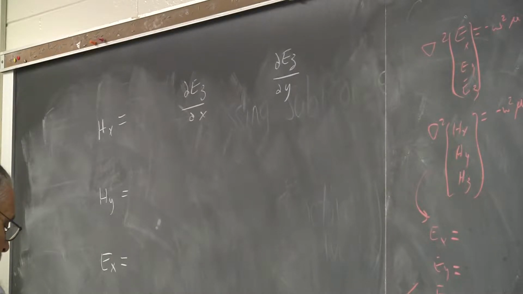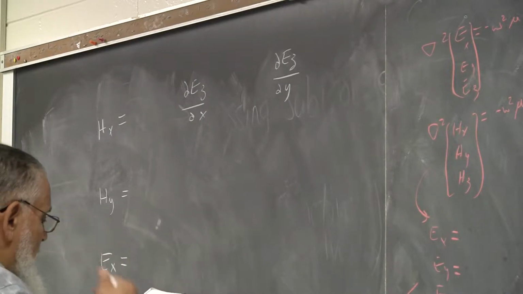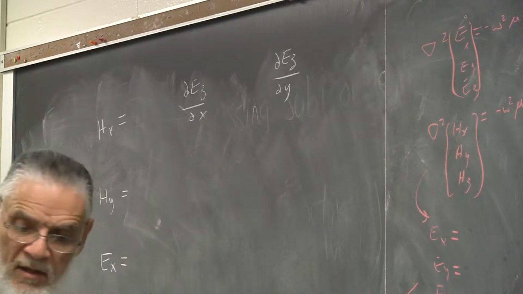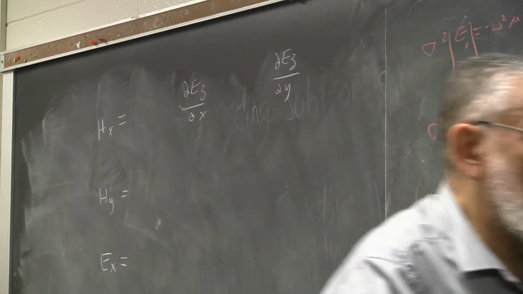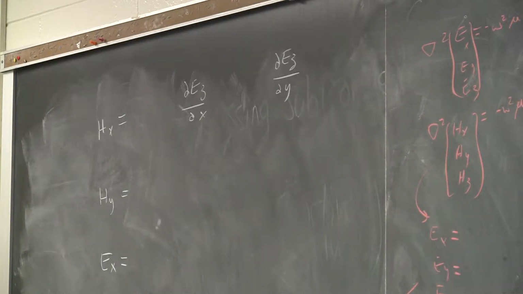wait a minute. That's an intermediate step. I need the final step. The final step is right here. That's why they want to go through the steps. There are about 4 or 5 lines in between.